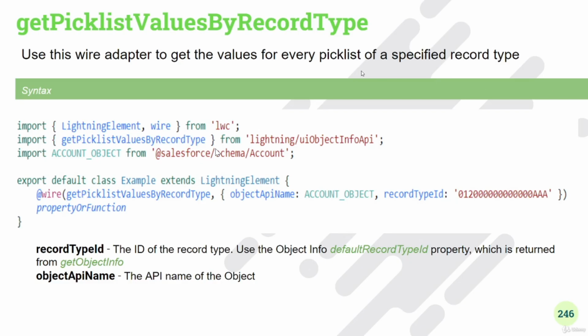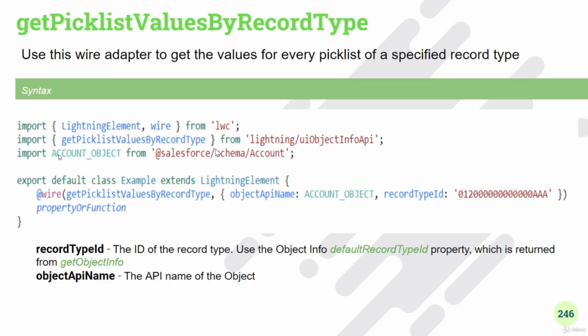Here we first import the wire, then import the adapter getPicklistValuesByRecordType from the lightning/uiObjectInfoApi. Earlier we used to import the field for which we want to get the picklist value. In this wire adapter we have to import the reference of the object for which we want all the picklists.